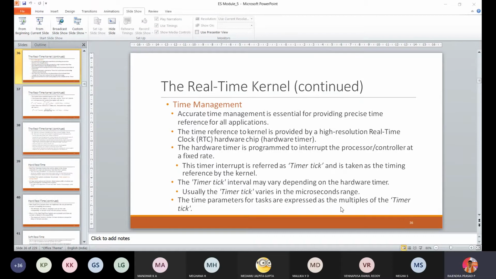The airbag control system and anti-lock brake system of vehicles are typical examples of hard real-time systems. I had said only the ATM machine, but now they are going with the anti-lock brake system and airbag control system. If an accident occurs and there is an airbag present but it is not opening, then what is the use? What is the result? That person will not be alive, right?